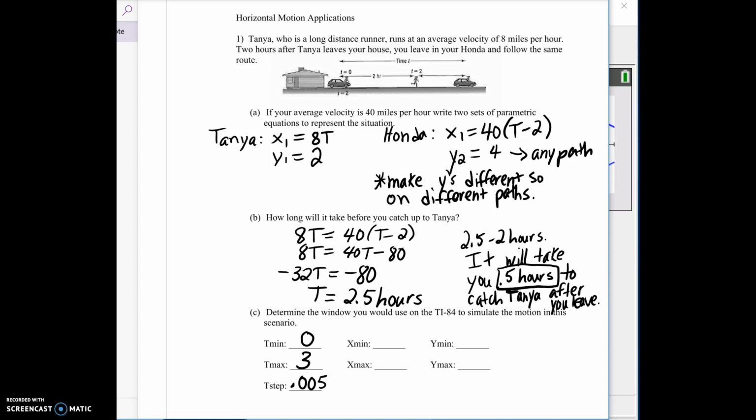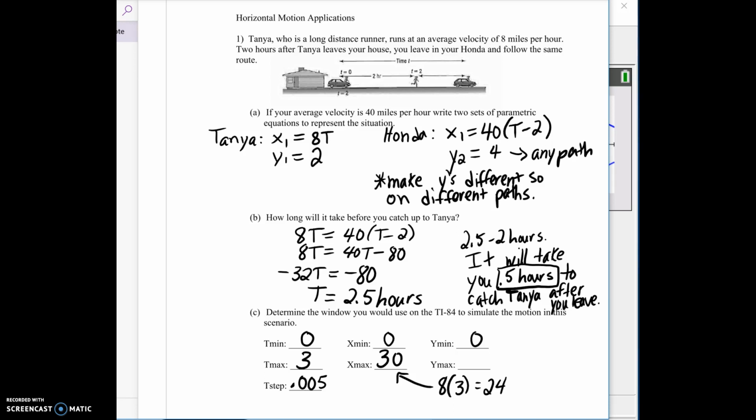That might be too slow. All of the beginning ones are going to be 0, so that's easy. And then I'm going to do 8 times 3 equals 24. That's going to give me my x max. I'm just using the t value that I got to figure that out for my window.